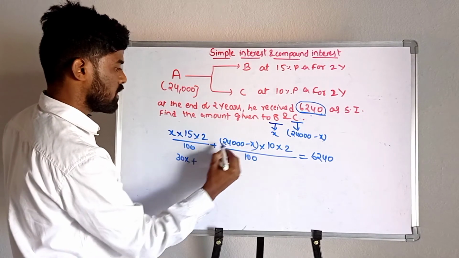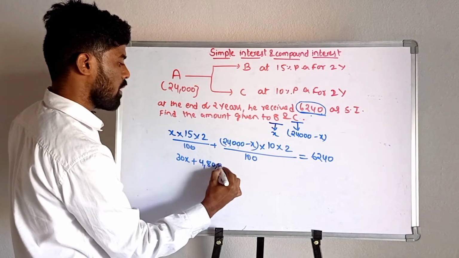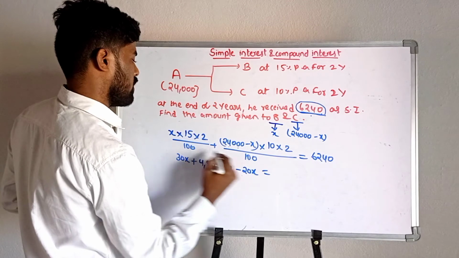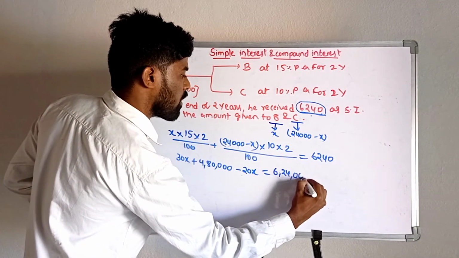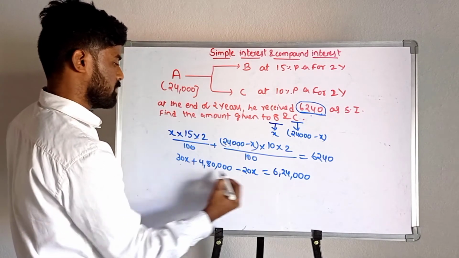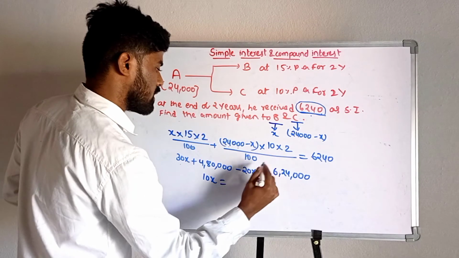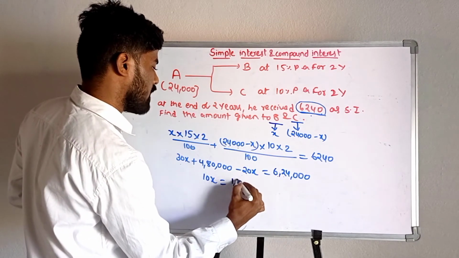30x plus 24,000 into 20, it will become 4,80,000 minus 20x. 100 goes to this side, that is 6,24,000. 30x minus 20x, 10x. 4,80,000 goes to this side, that is 6,24,000 minus 4,80,000, which will become 1,44,000.